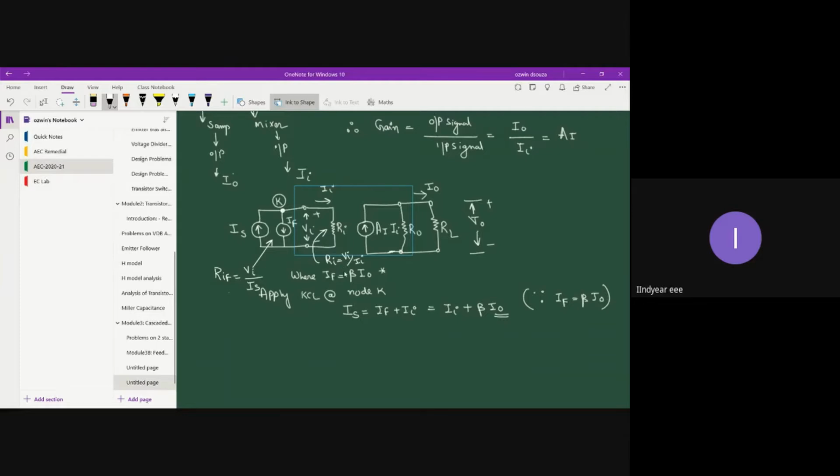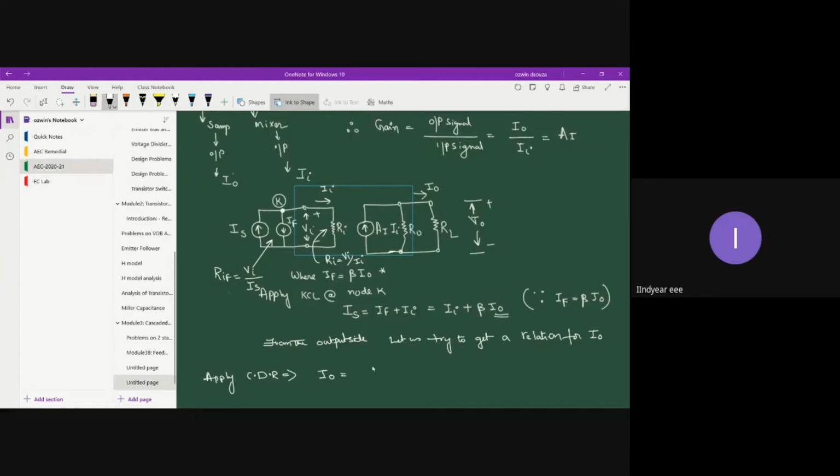All right. So from the output side, let us try to get a relation for I naught. You can apply current division rule, CDR. Applying current division rule, you can find an expression for I naught.